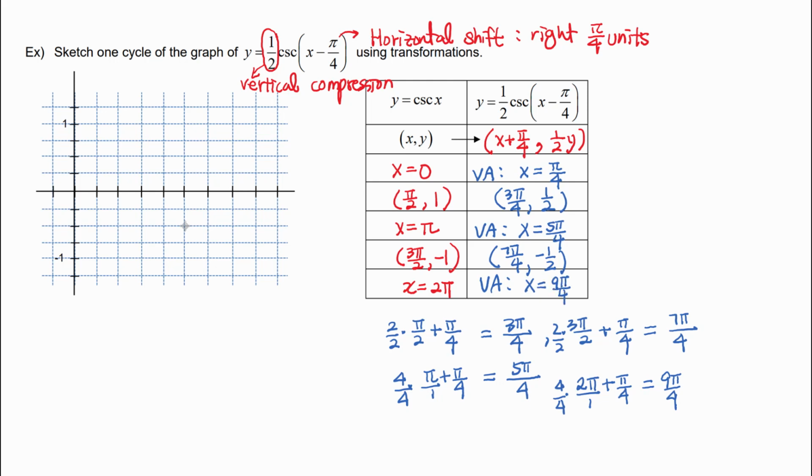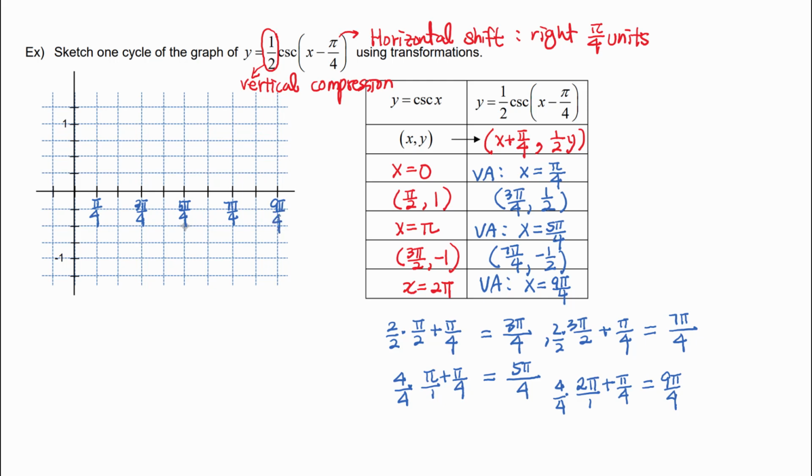So let's now graph this. Let's say one grid is pi over 4. Then the next one is 2 pi over 4, next one is 3 pi over 4, 4 pi over 4, 5 pi over 4, 6 pi over 4, 7 pi over 4, 8 pi over 4, 9 pi over 4.